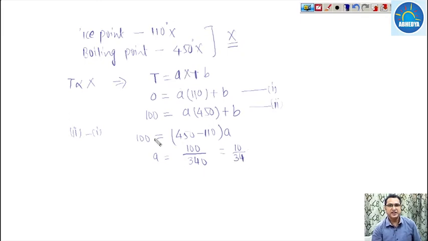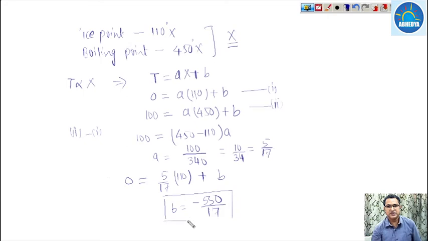This is the value of A. Now put the value of A in equation number 1. So 0 is equal to A, which is 10 upon 34, may be written as 5 by 17 also, into 110 plus B. So B becomes minus 550 upon 17. This is the value of B, and A is 5 upon 17. Okay.